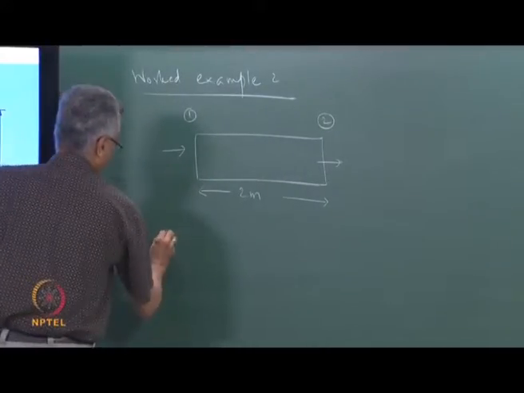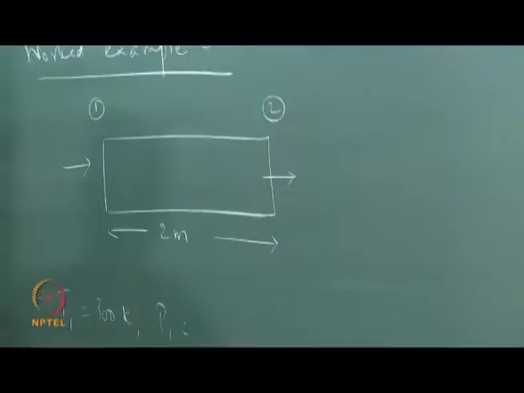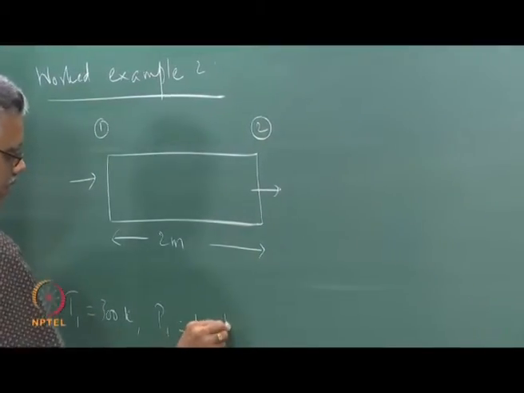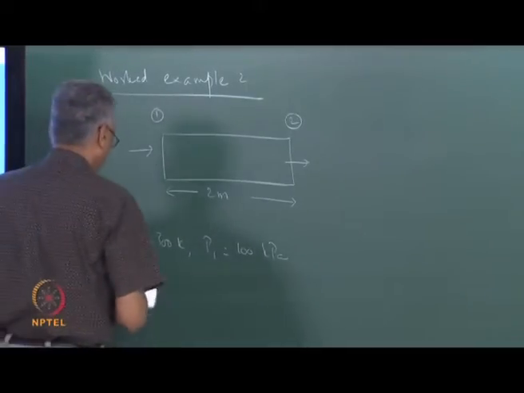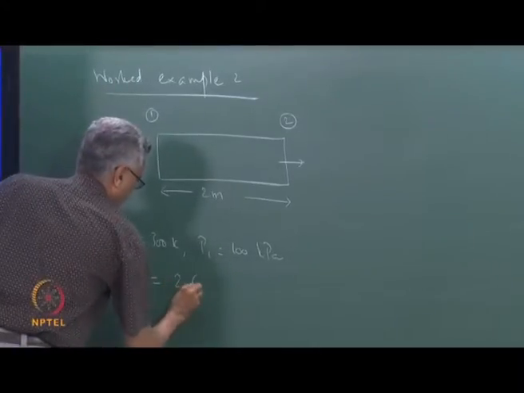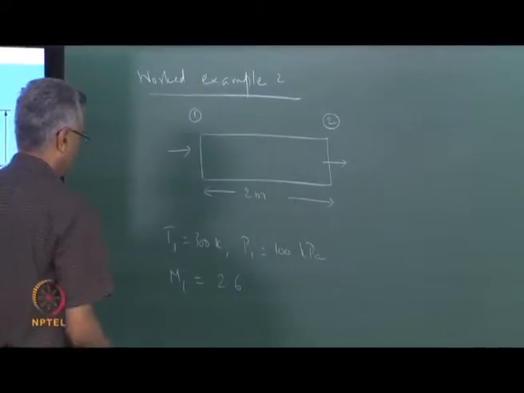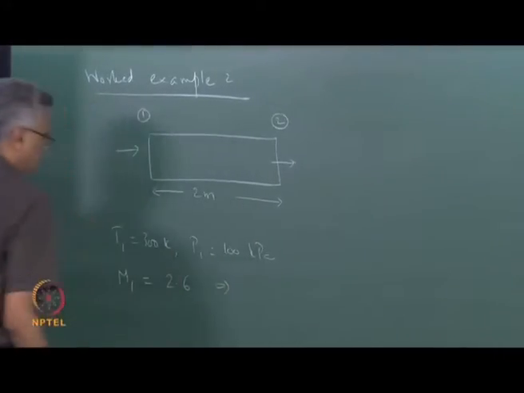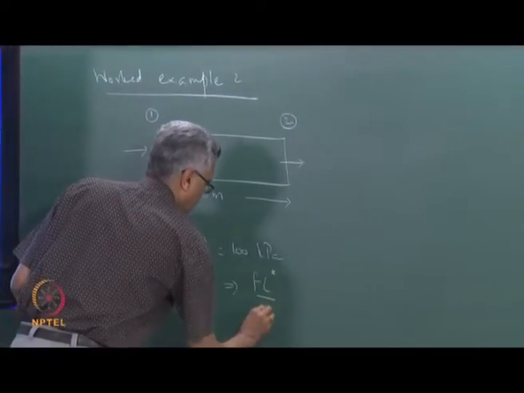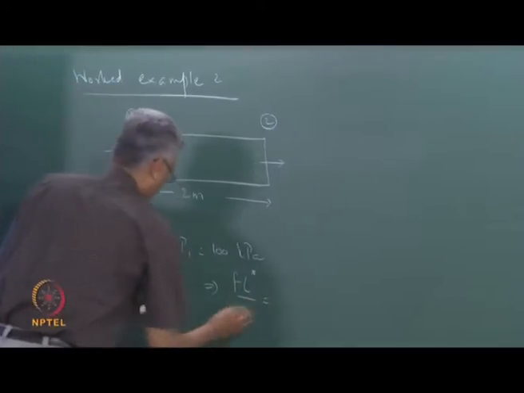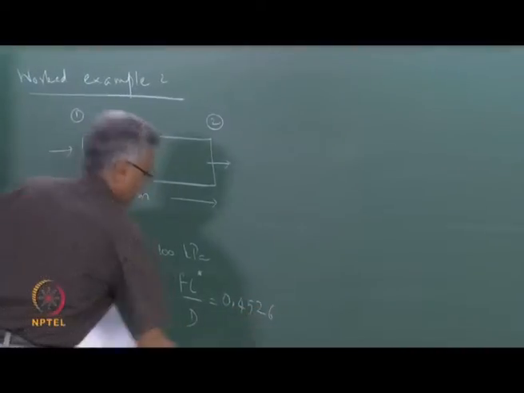It was given that T1 is equal to 300 Kelvin and the static pressure at inlet was 100 kilopascal, and we calculated M1 in this case to be equal to 2.6. From Fanno tables, for this value of M1, we obtained f L star over D to be 0.45526.